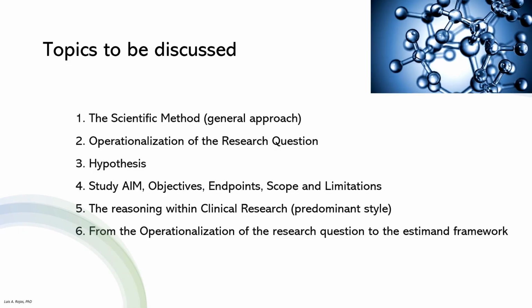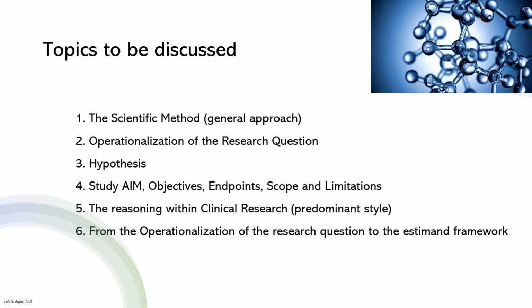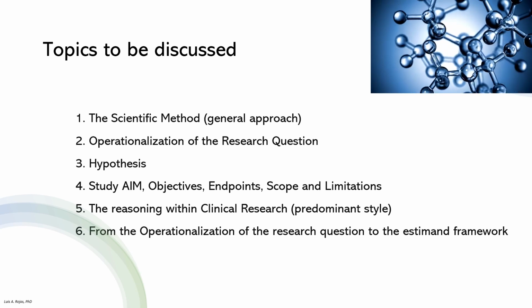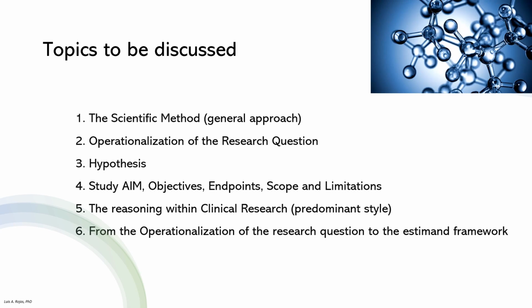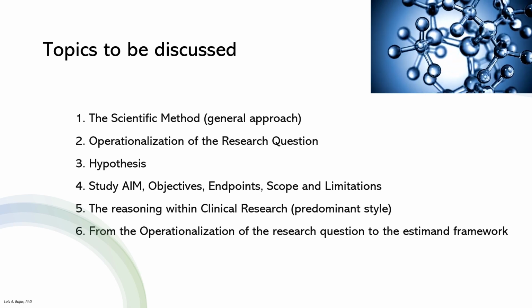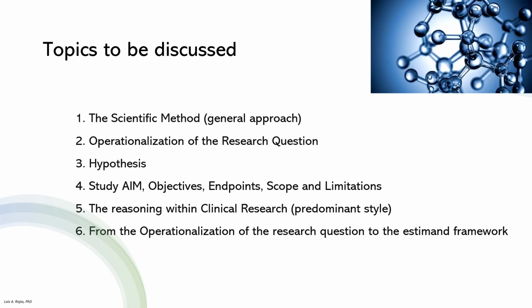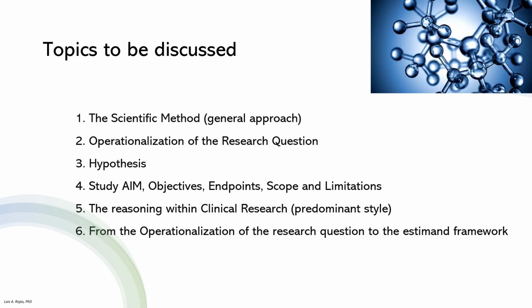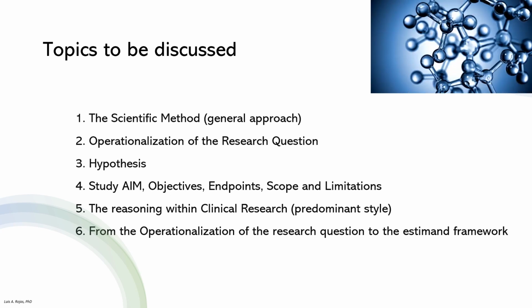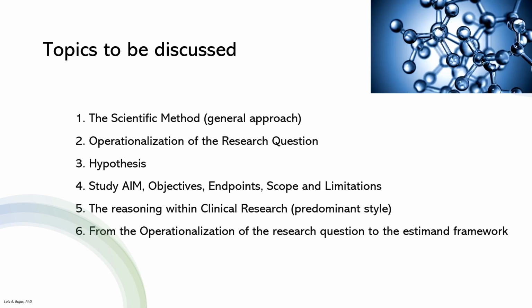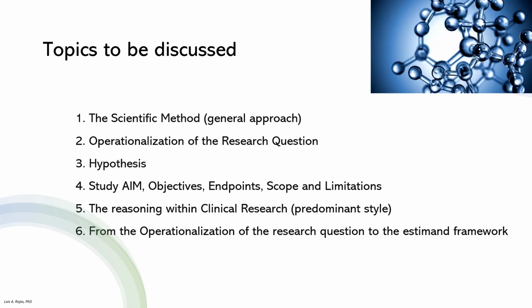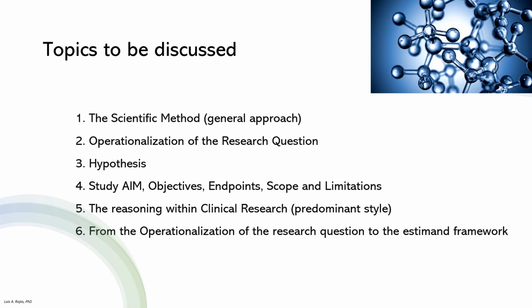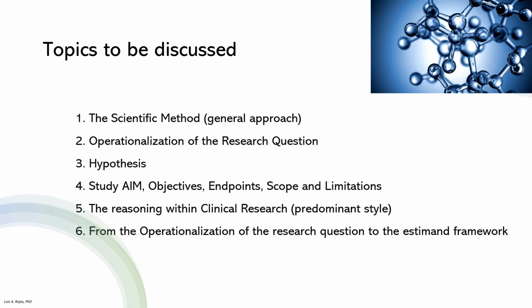First, we'll go over the scientific method, its general approach, explain what is and what is not considered in its definition, and discuss the scientific method in the clinical research context. In the second part, we will talk about the operationalization of the research question, a very important term in scientific research in general, and how it is described in the FDA drug development process.